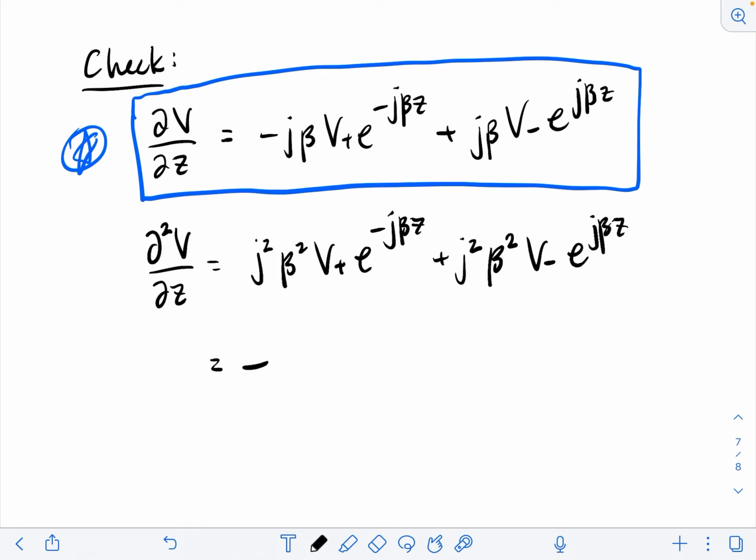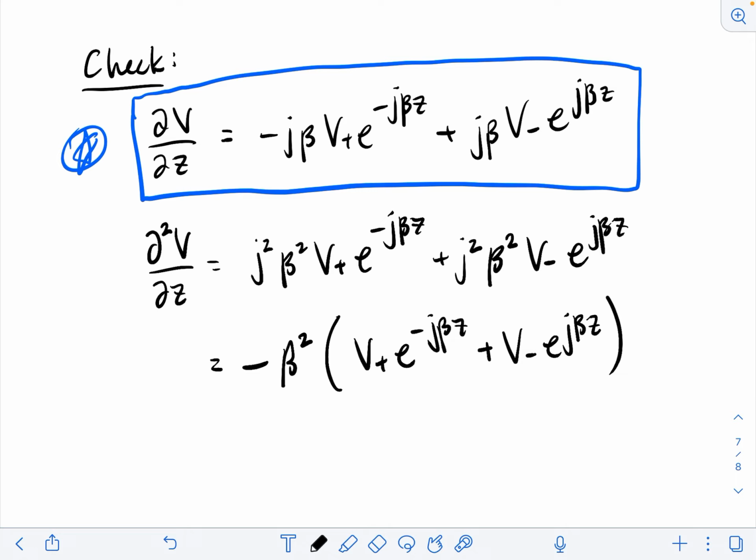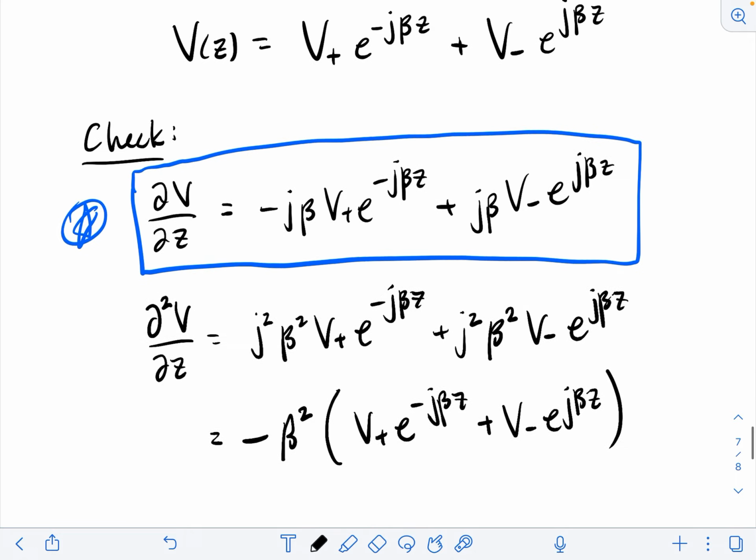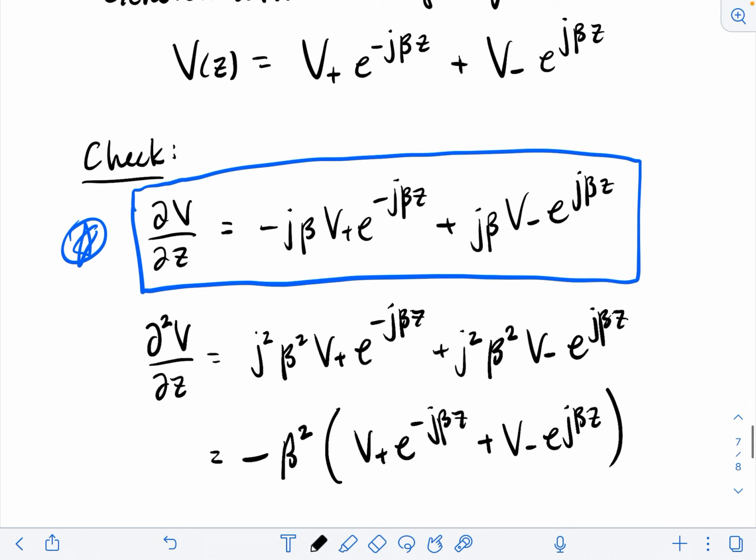So we have minus beta squared times V plus e to the minus j beta z plus V minus e to the j beta z. But everything in the brackets there is just exactly what we assumed for our solution.